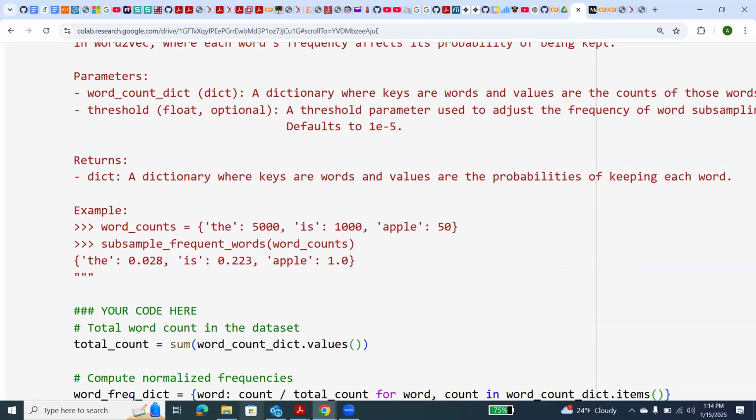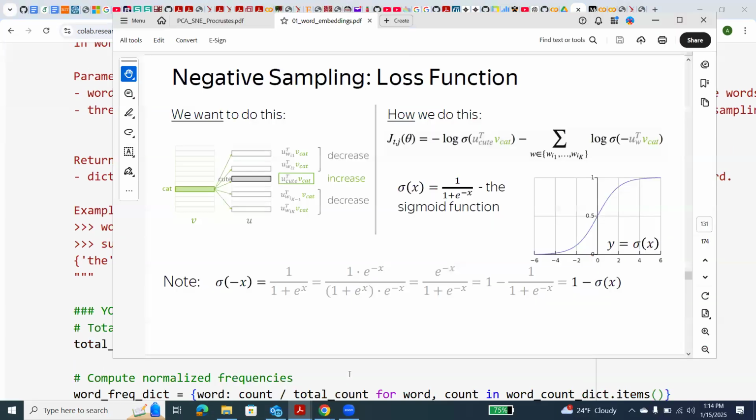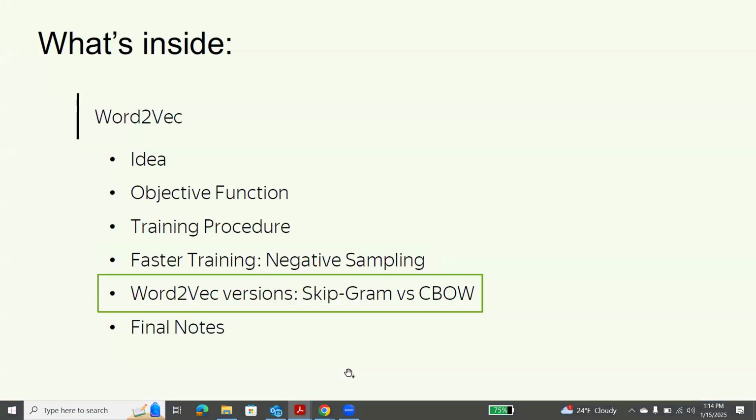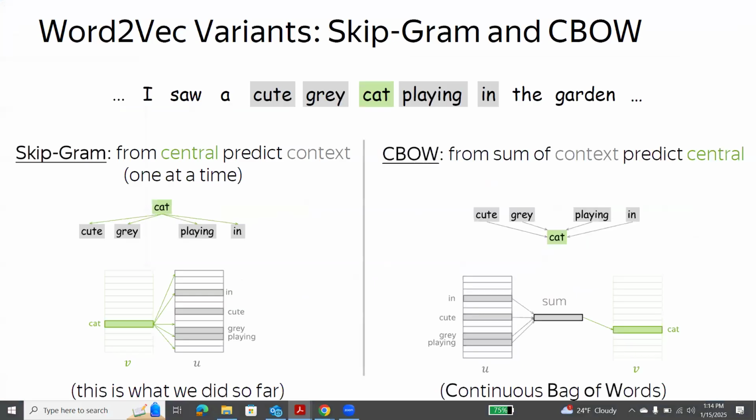So yeah, let's go back to the presentation. And there is one modification of word2vec, which is called CBOW, and the difference is that in word2vec we calculated similarity for gray words with the context word.